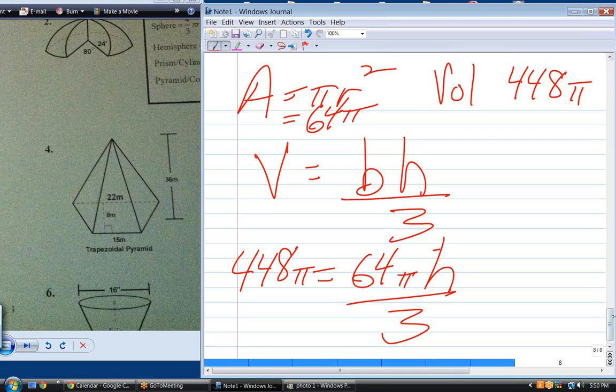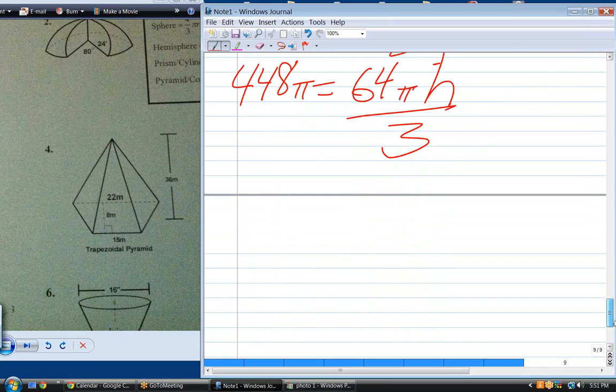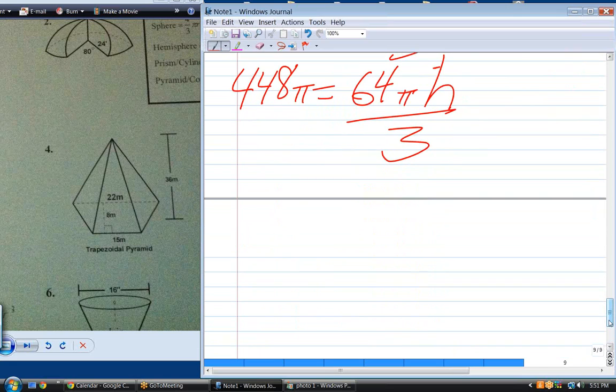Yeah. Okay. Now to solve this for h, just writing it down. Okay. And then you take out the pi, or can you do that in this situation? No, you can divide both sides by pi, and then you can multiply both sides by 3 and divide both sides by 64.